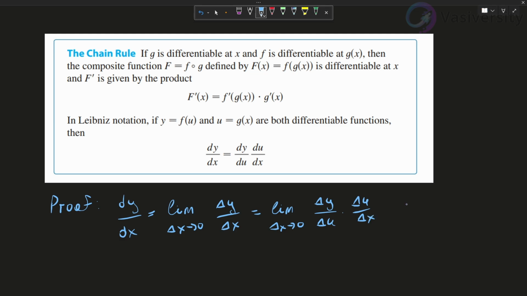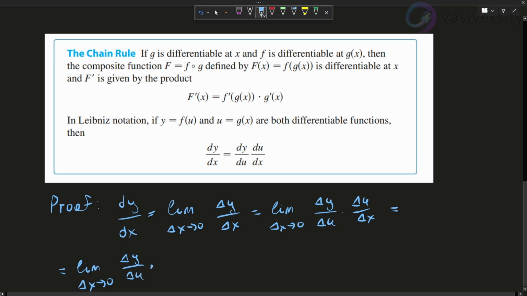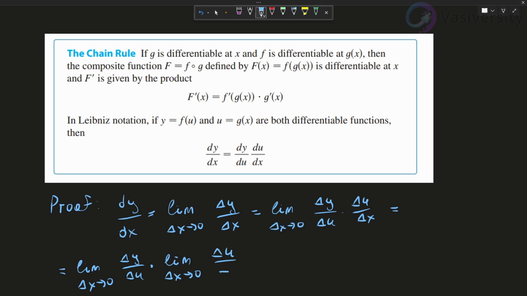We can rewrite that as the limit of delta y over delta u times the limit of delta u over delta x.